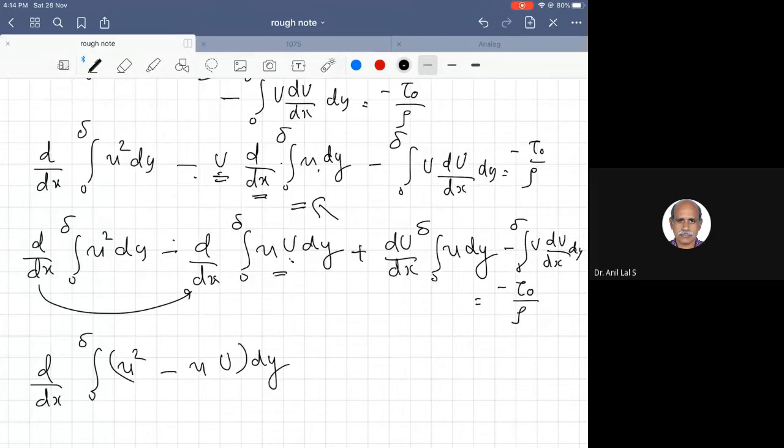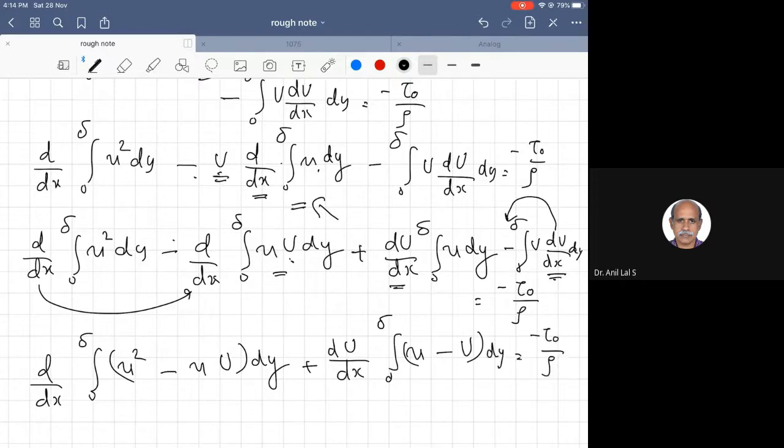And that is finished. Now this du by dx is not a function of y, so I can take it outside. Even capital U is not a function of y, so that also can be taken outside. So du by dx is taken outside, and there is the integral from 0 to delta of u minus capital U dy, which is equal to minus 1.